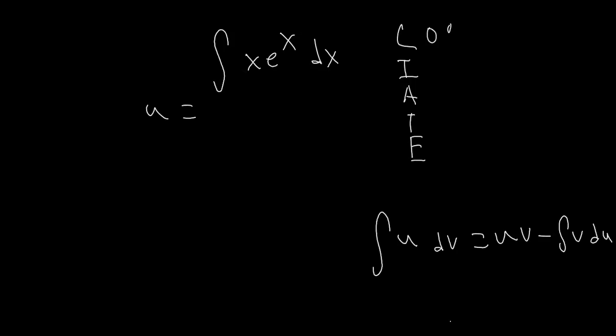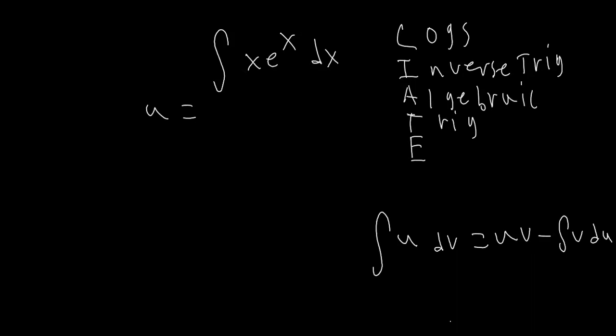Okay, so L stands for logs, I stands for inverse trig, A stands for algebraic, T stands for trig, E stands for exponential. To identify what u will be in the expression, you should look at the products being multiplied with each other.